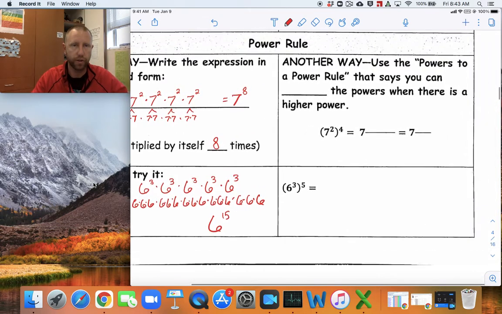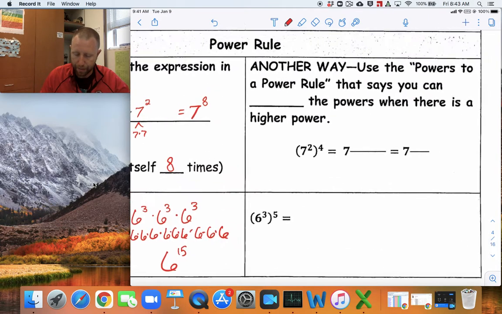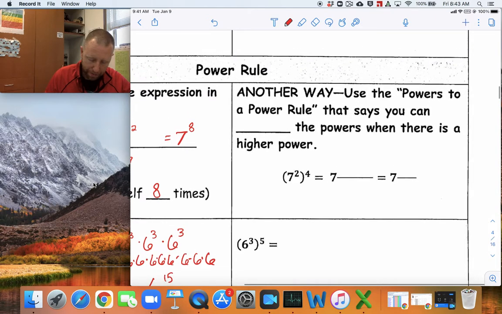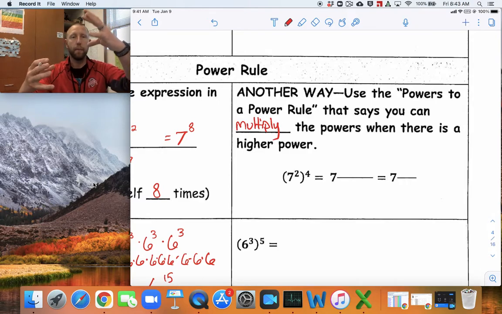The other way, so the rule that we're going to learn is the powers to a power rule that says that you can, and I'm sure you guys have probably realized this by now, multiply. Multiply the powers when there is a higher power. So when you see an exponent being raised to another exponent, multiply the exponents together and keep the base the same.